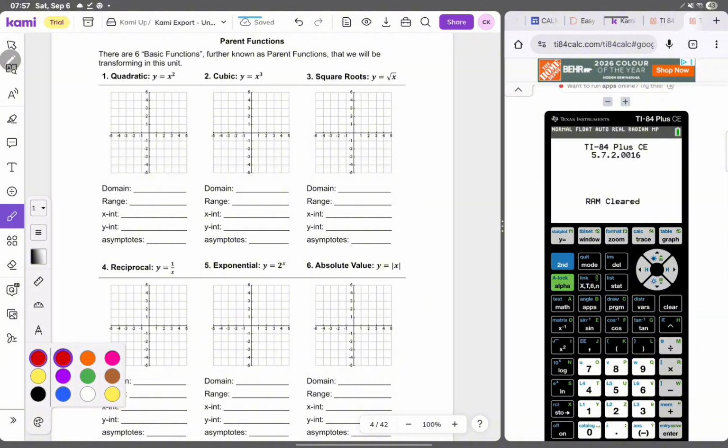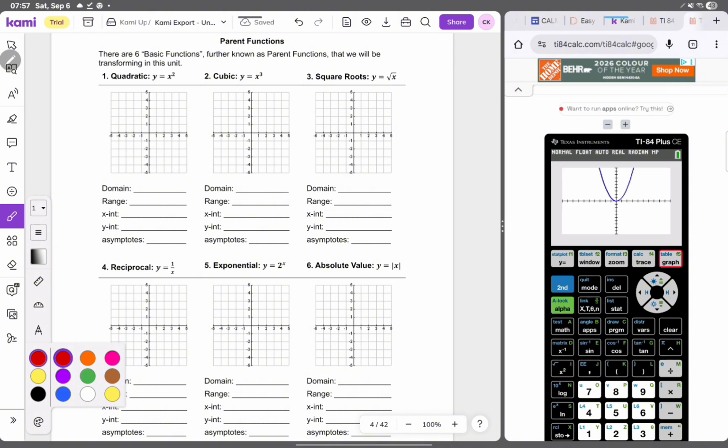Okay, so let's look at our basic x squared. So y equals x squared. Graph that. You can see we pass through the origin. Well, 1 squared is 1, 2 squared is 4. Negative 1 squared is 1, negative 2 squared is 4. So we get our lovely parabola shape.